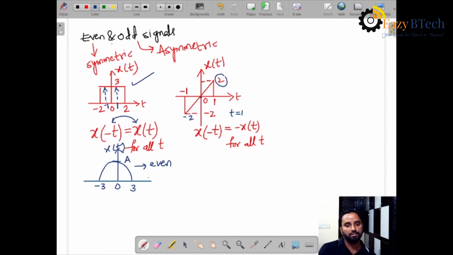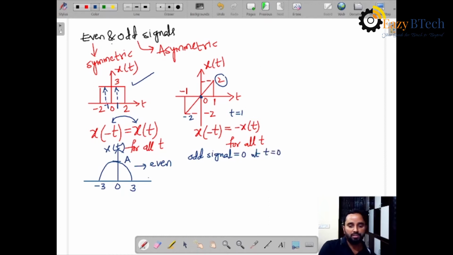And they must be 0 at t equal to 0. An odd signal or odd function is 0 at t equal to 0. So this is the point. An odd function or odd signal is equal to 0 at t equal to 0.